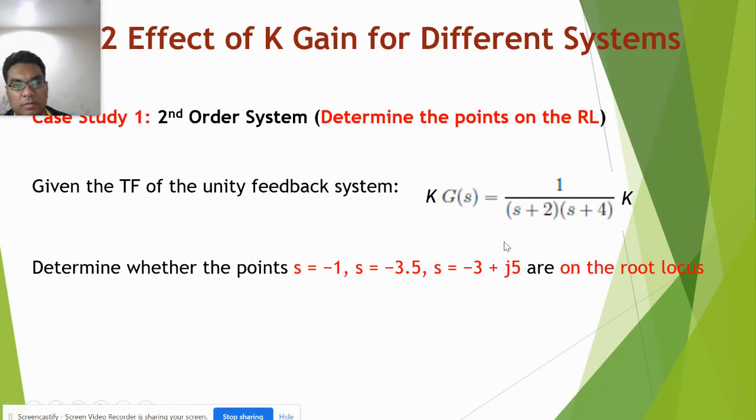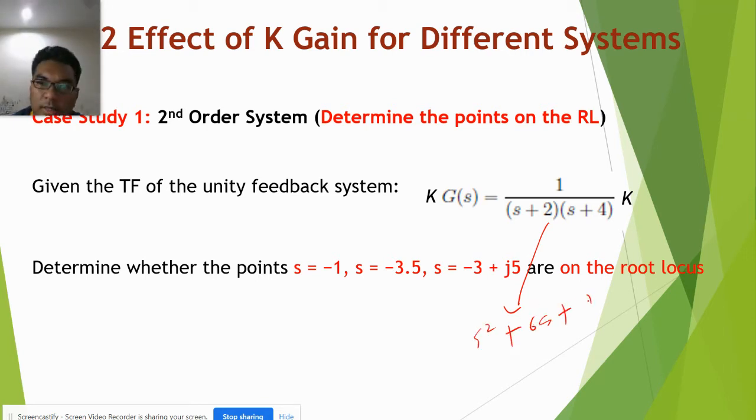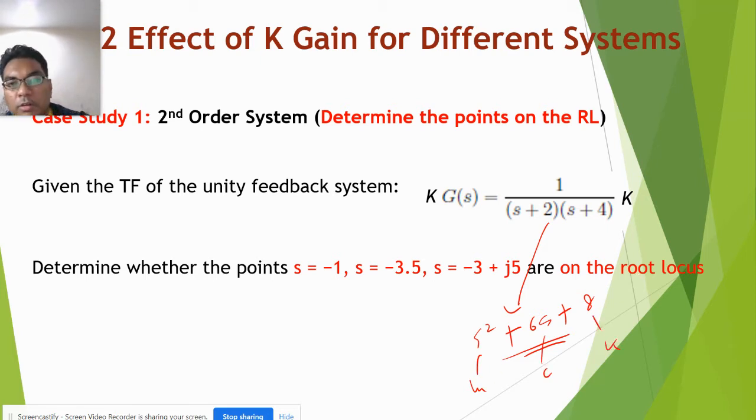Let's say the given transfer function is here, and from this you will have the solution s squared plus 6s plus 8. You can also consider the system as a mass spring damper, where this is the mass M, this is the damping, and this is the stiffness. Because it's second order, here they have the value at each of the locations.